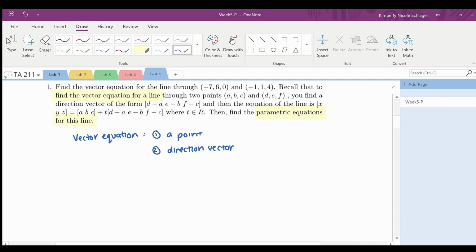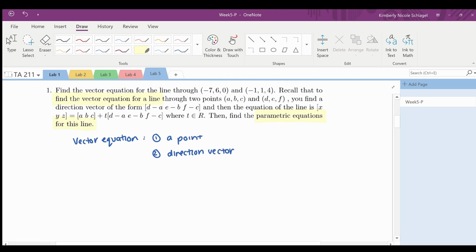Okay, so we need these two things in order to make a vector equation for a line. So the first thing here, well, we have 2 points in this question. We have this guy here and this guy here. So we do have a point, but we don't really see right away that we have a direction vector.